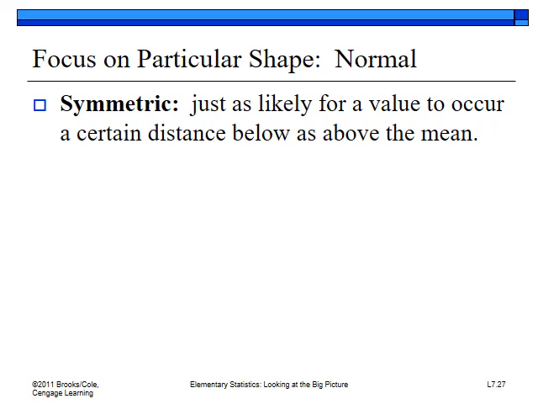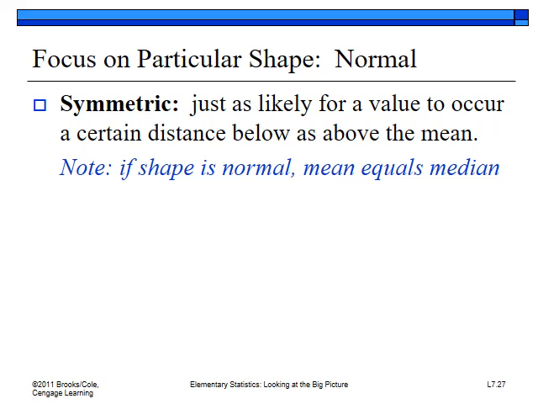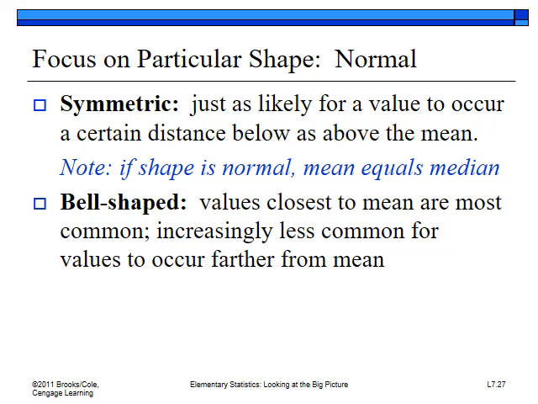That's why we use the word symmetric. If the shape of the distribution is normal, the mean and the median are the same. A distribution is bell-shaped if the highest values are closest to the mean, and as we move away from the mean, the frequency goes down. That gives us tails on both sides.